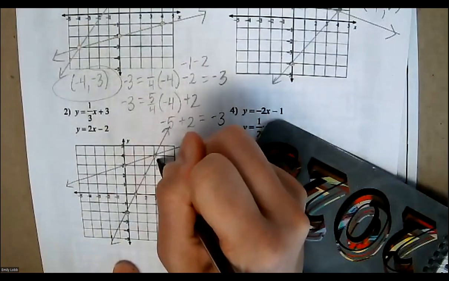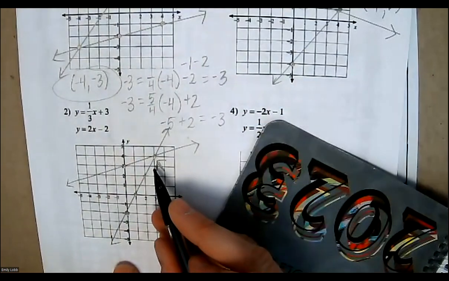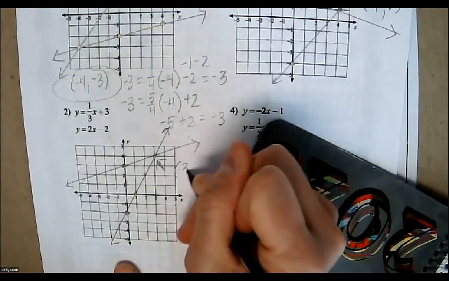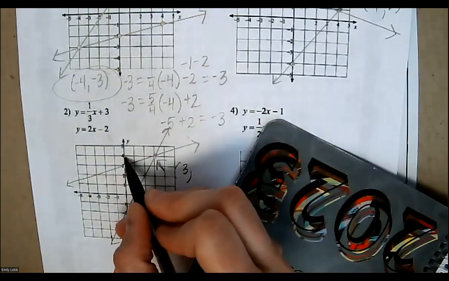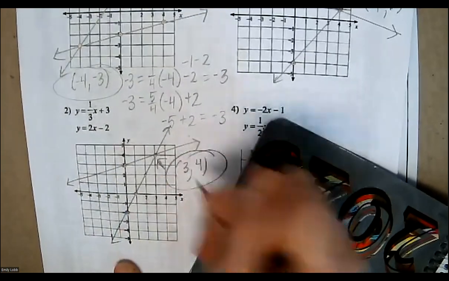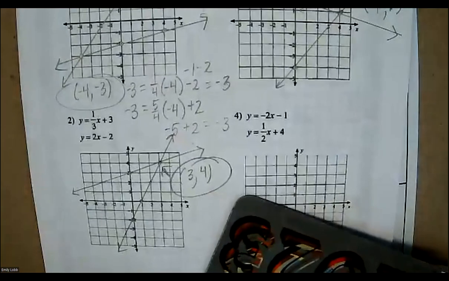And here's your point of intersection. So the x value is 3, the y value is 4. That is my solution to that system of equations.